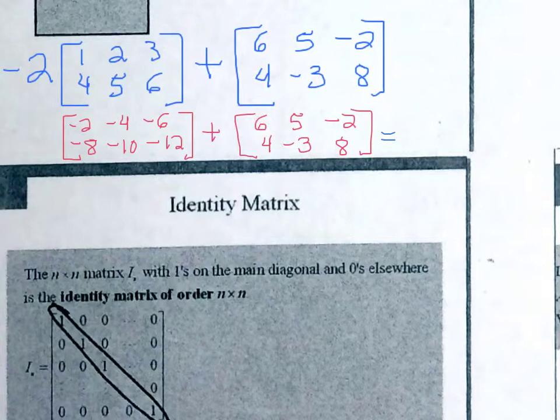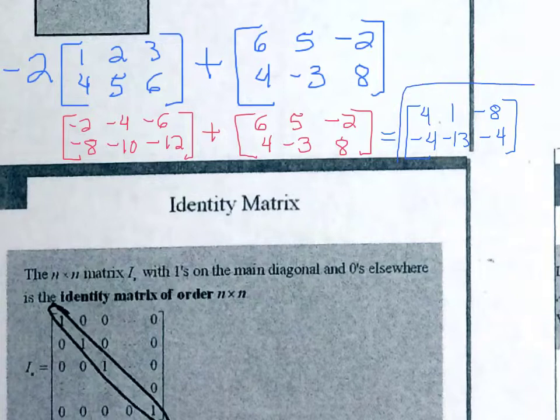When you combine -2 with 6, that is 4. -4 with 5 is 1. -6 and -2 is -8. -8 and 4 is -4. -10 and -3 is -13. And last one, -12 with +8 is -4. And that would be the final answer.